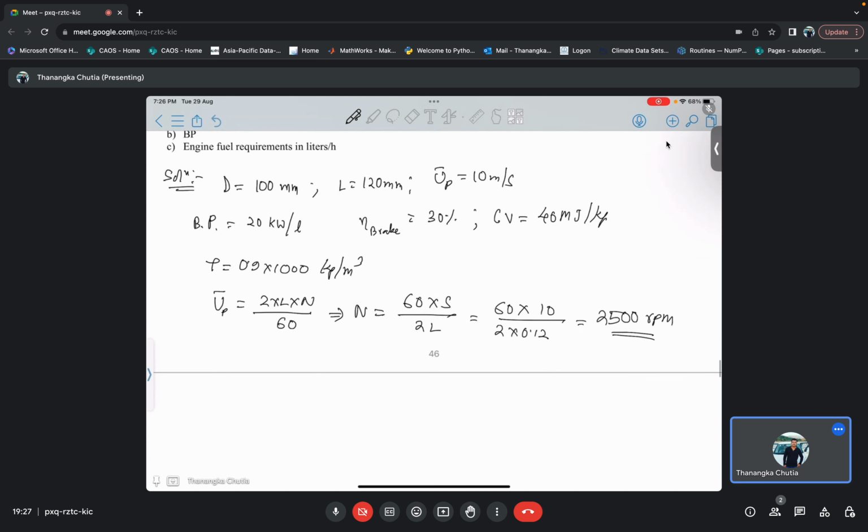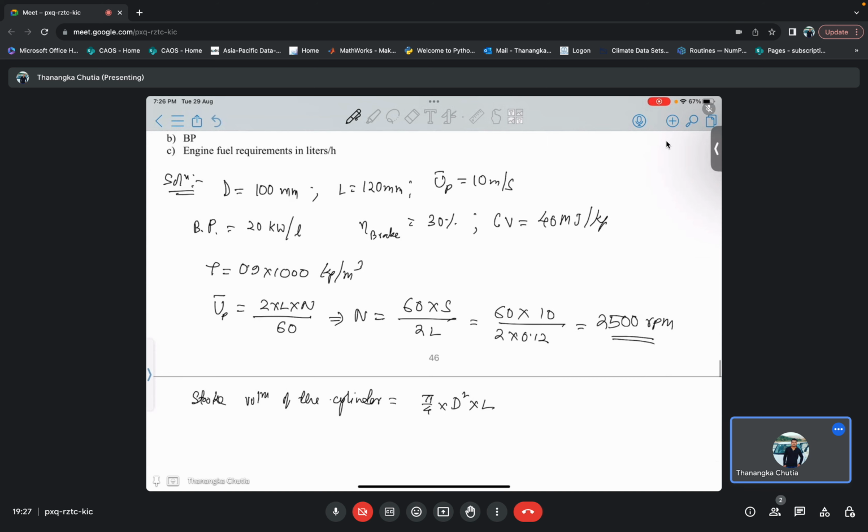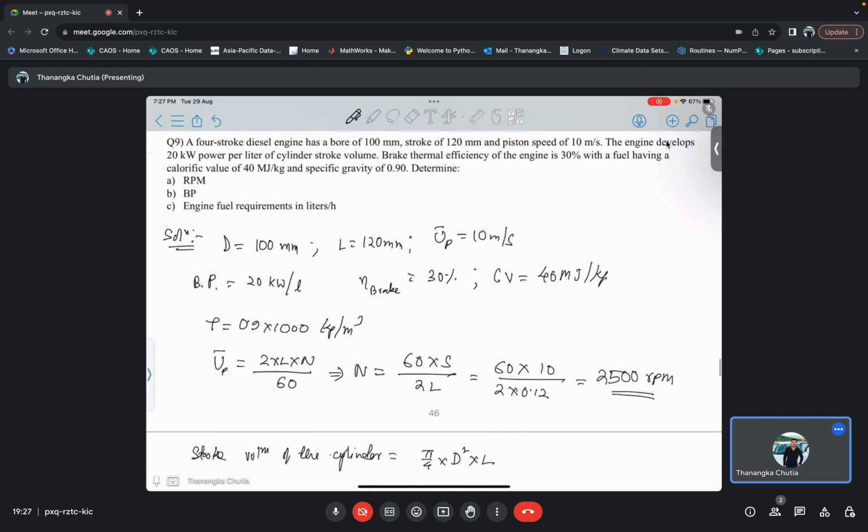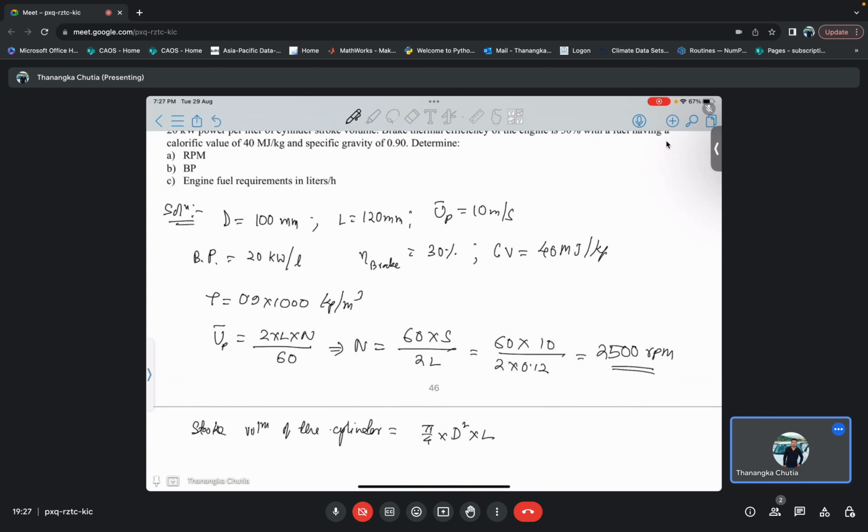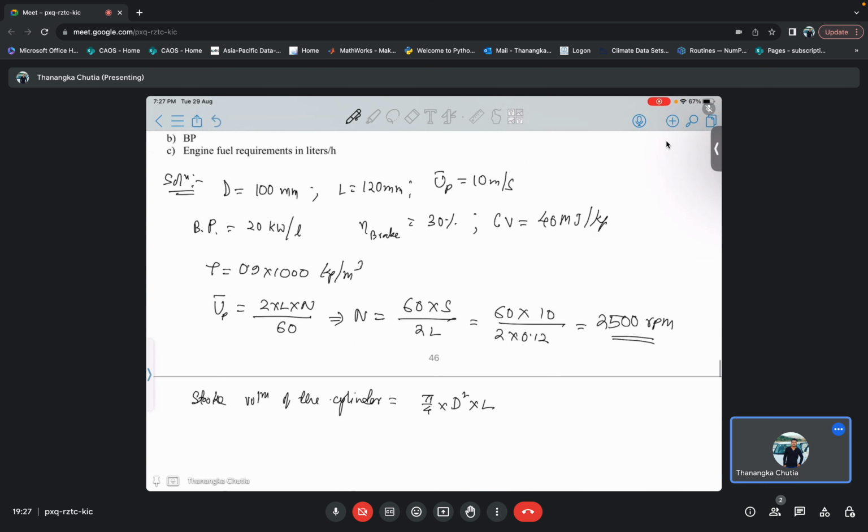Next is what? Stroke volume of the cylinder. Okay, so that will be pi by 4 d square into L. And this is what?